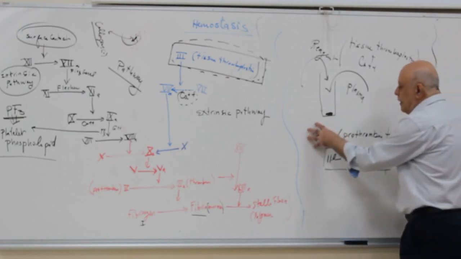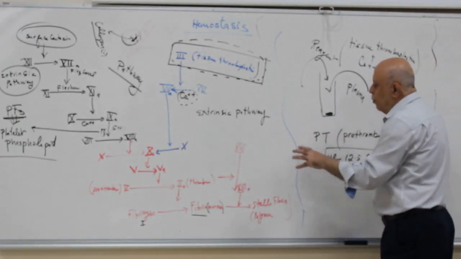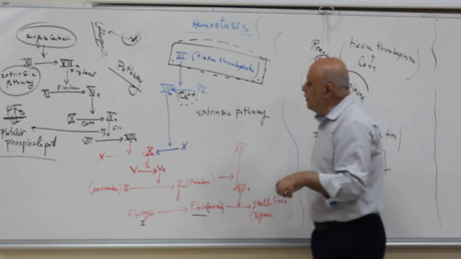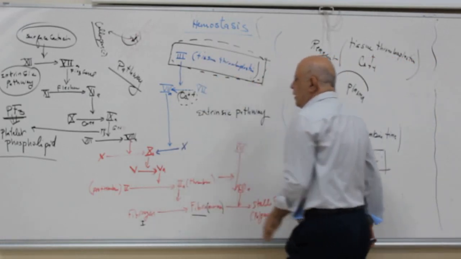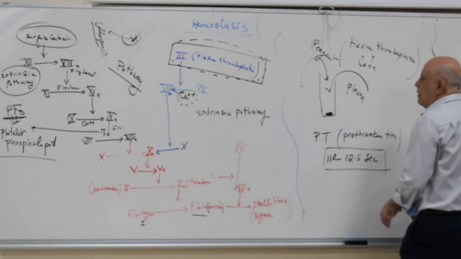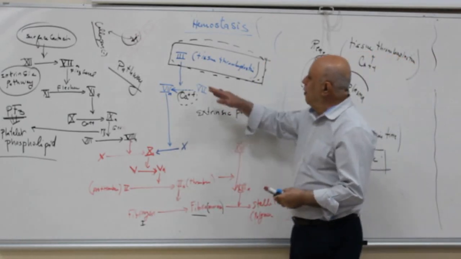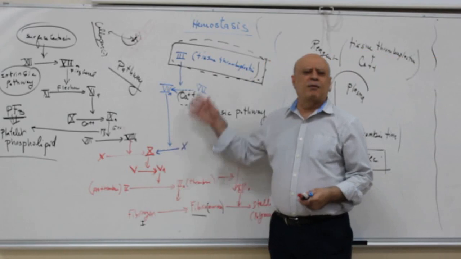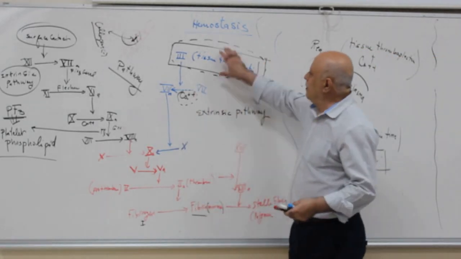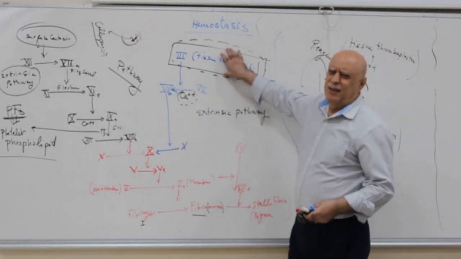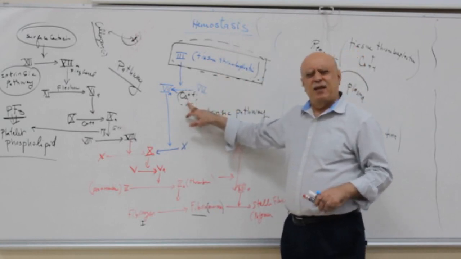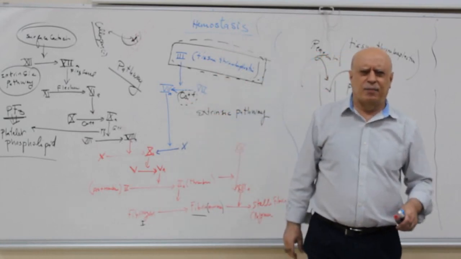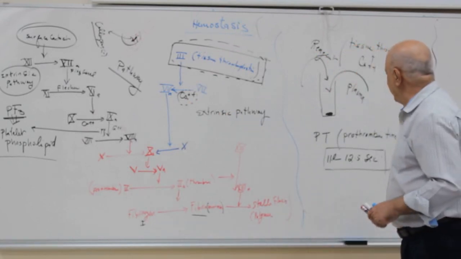So PT tells us the status of the clotting factors in the extrinsic pathway. If the PT is high, there must be something wrong in one of these factors. Definitely, we're not talking about tissue thromboplastin or calcium, because we add them.